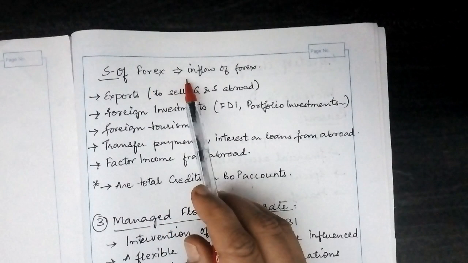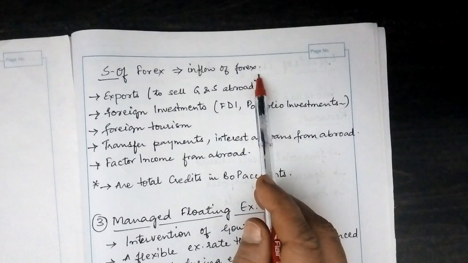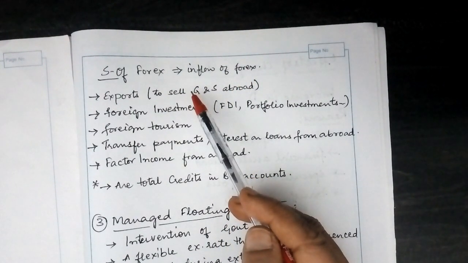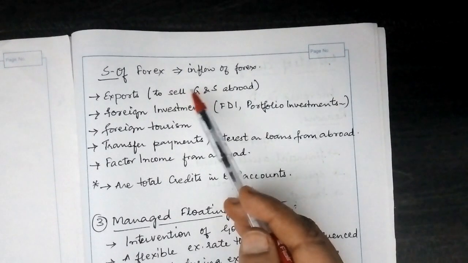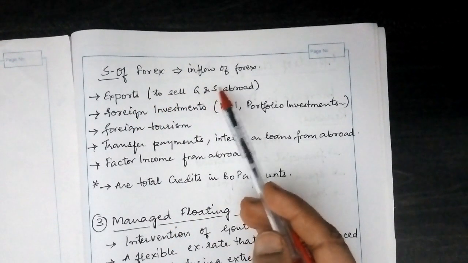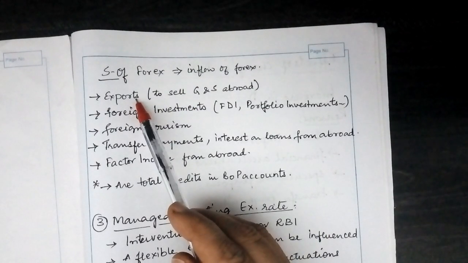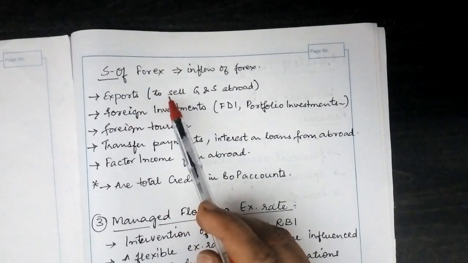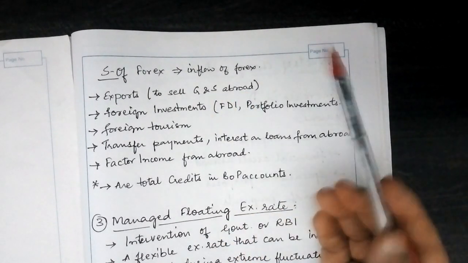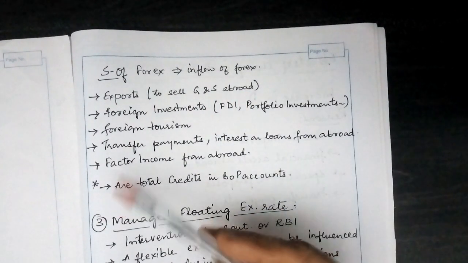Supply of foreign exchange implies inflow of foreign currency. That means the foreign currency is moving into the domestic economy. That means we earn more dollars in the country from outside. This happens when exports take place. Exports means we are selling our goods and services abroad. When we sell something, we get foreign exchange.